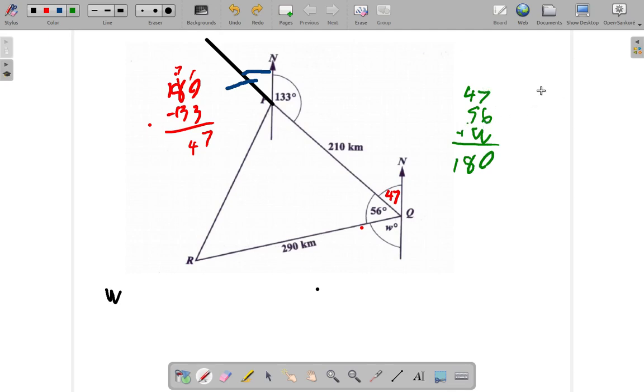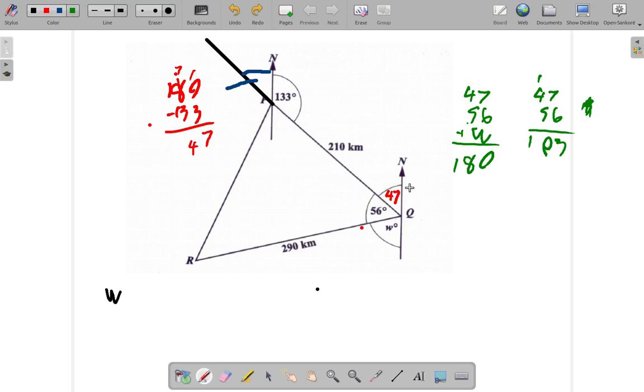Now notice the 47 plus 56: 7 and 6, 13. Bring down the 3, carry 1. 5 and 4, 9, and 1, 10. So 103. You have 103 degrees here.